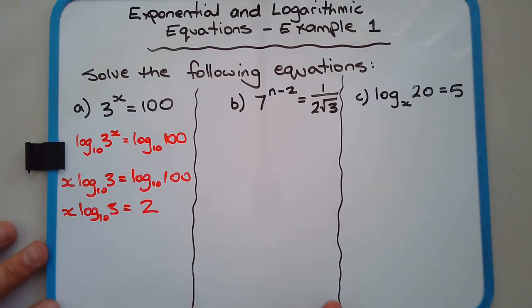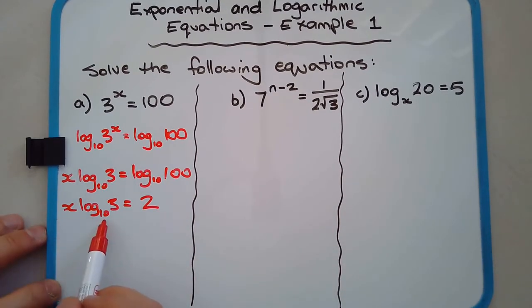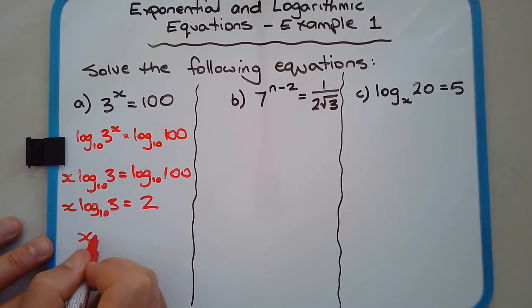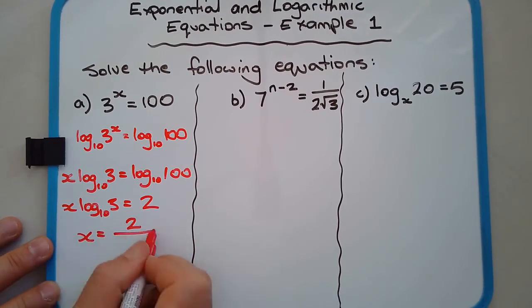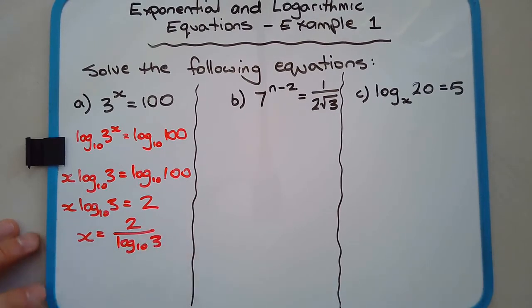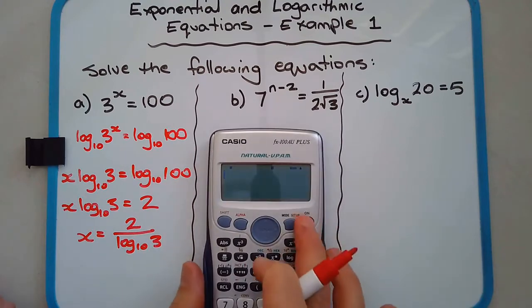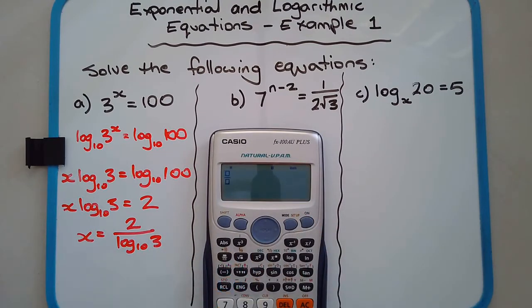Then we're going to divide both sides by log base 10 of 3 and then x will be the subject of the formula. So x is going to be equal to 2 over log base 10 of 3, and then we can use the calculator now to evaluate that solution. So 2 over log.